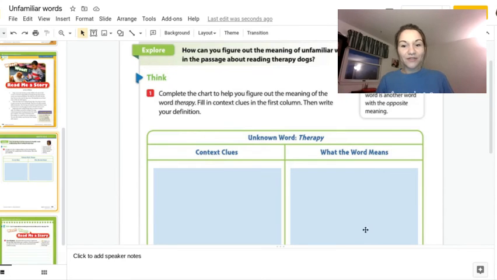And then you're going to describe what the word means based on those context clues. That's the important thing. I don't want a dictionary definition. I want the definition in your words based on how the word is used in the context of this article.